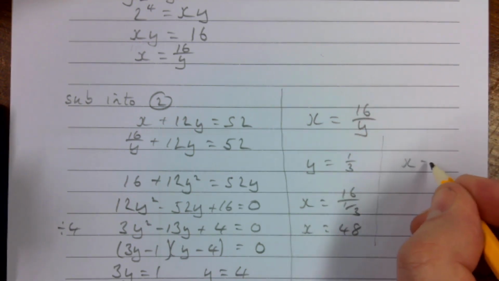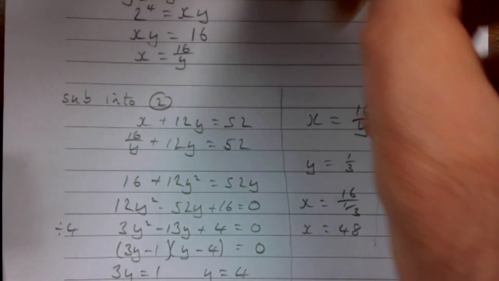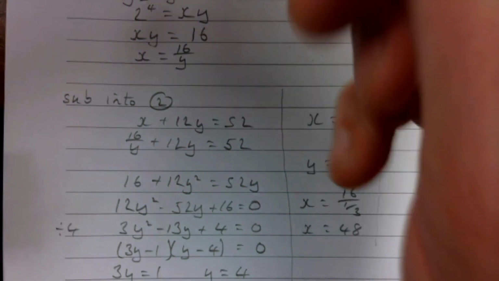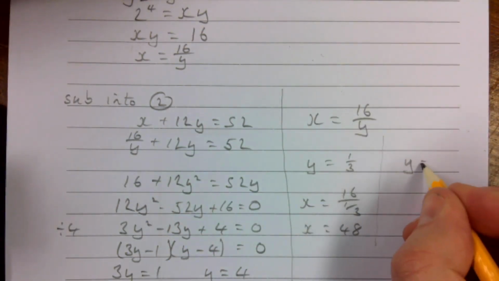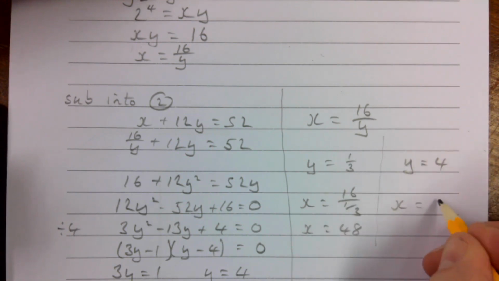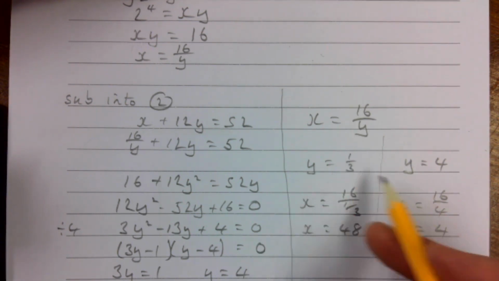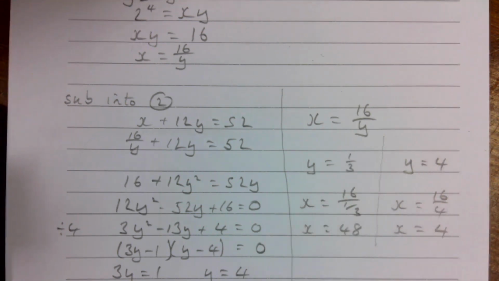If y equals 4, then x is 16 over 4, and that gives us x is 4. So those are my solutions there, 48 and a third, and 4 and 4.